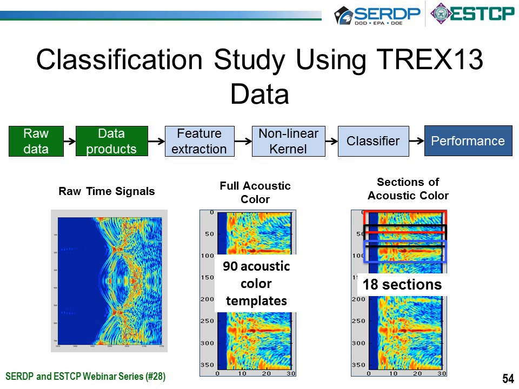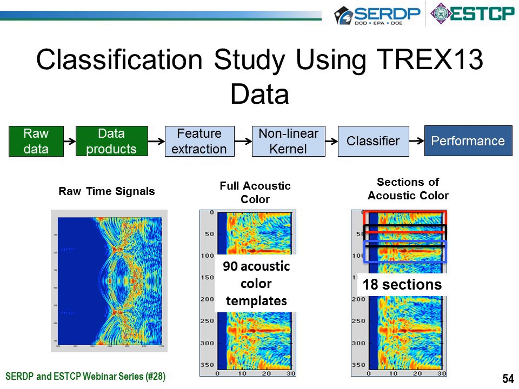Okay, so I gave you just that simple, pictorial view of what goes on behind the scenes. Let's now go through an actual classification study using the T-Rex 13 data that Tim showed you a little bit about. So let's walk through this whole chain, from raw data to data products, and then through the classification to the performance side.